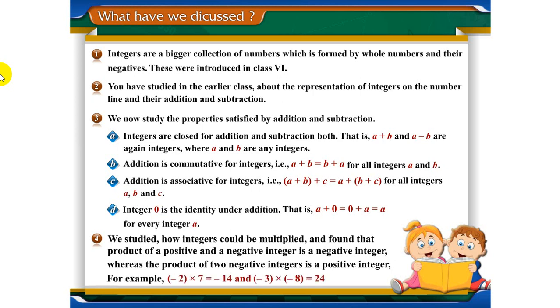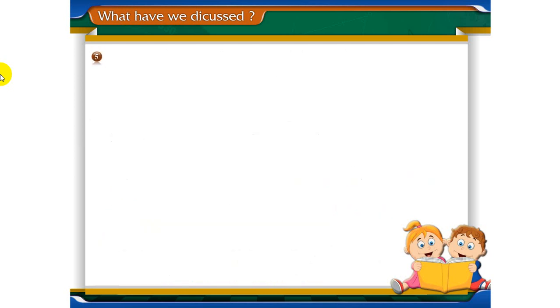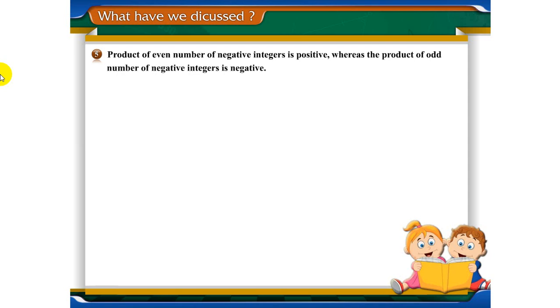For example, minus 2 multiplied by 7 is equal to minus 14, and minus 3 multiplied by minus 8 is equal to 24. 5. The product of an even number of negative integers is positive, whereas the product of an odd number of negative integers is negative.